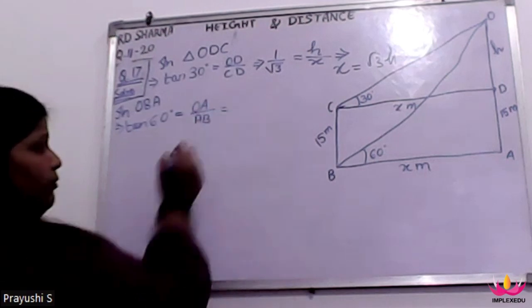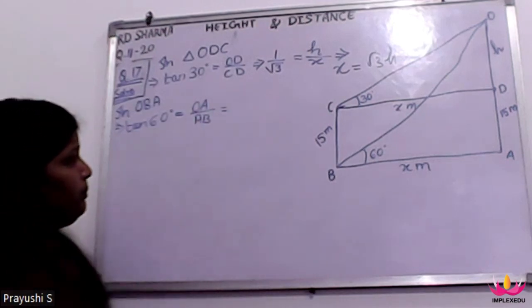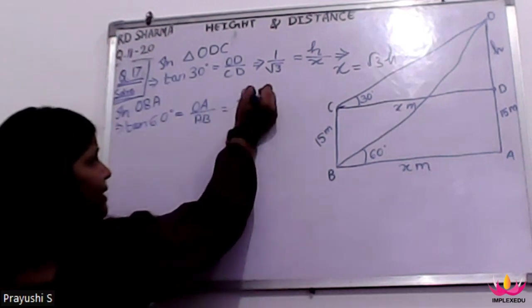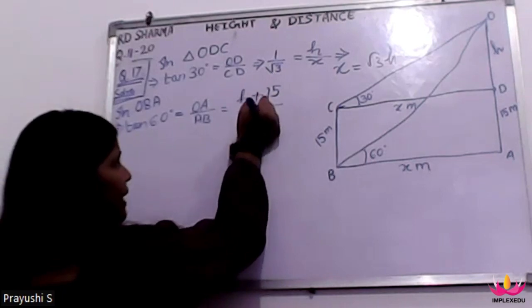Done. And what is the value of OA? The value of OA is x plus 15 meters. So we will get x plus 15, and AB is equal to x.